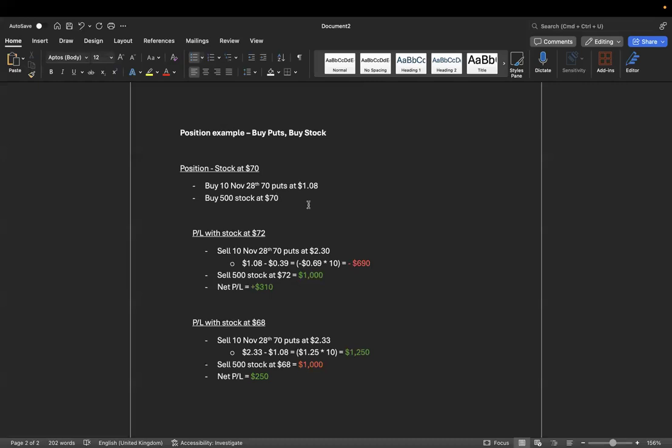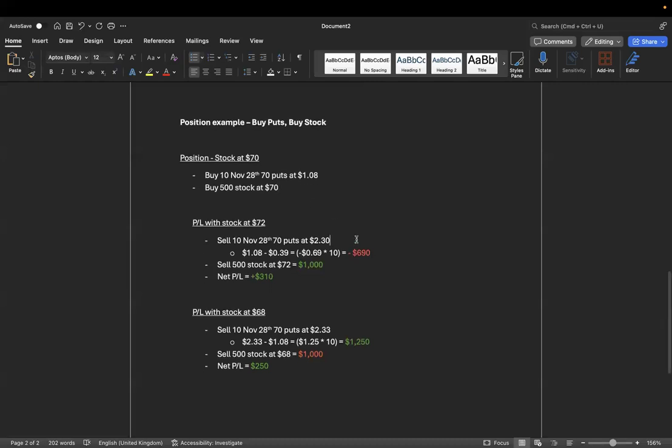Now the stock is going to go higher to 72. So the puts will go lower, but the stock is going higher. So now we are going to sell our puts back out at 39 cents, and we are going to lose 69 cents on the 10 puts, and we're going to lose $690. But we have a positive P&L on the stock of $1,000, and we make $310.